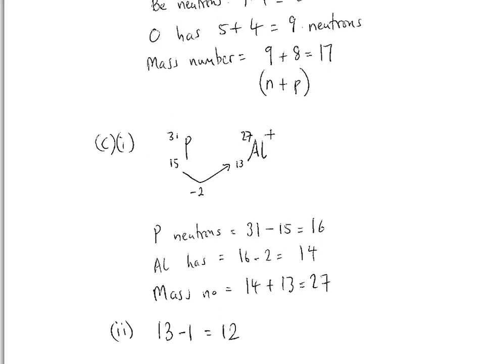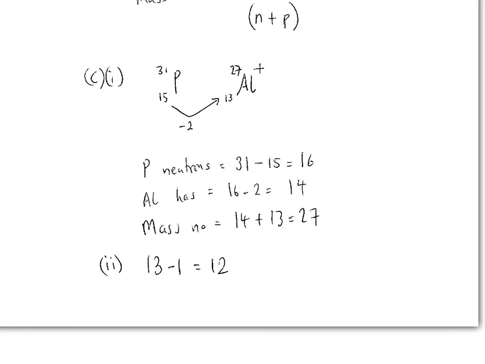The next question is about phosphorus, and it's working out the new ion here. It's a single positive ion, hence 1 plus, and there are 2 fewer protons, so 15 take 2 makes 13 protons, therefore aluminium.